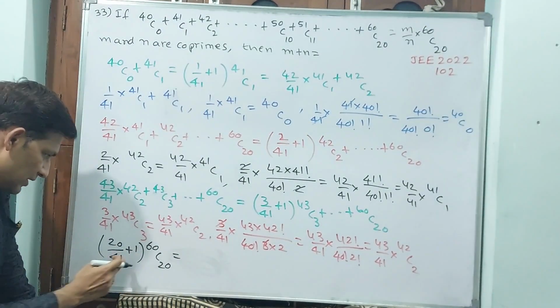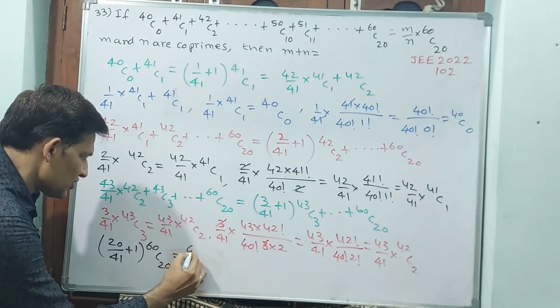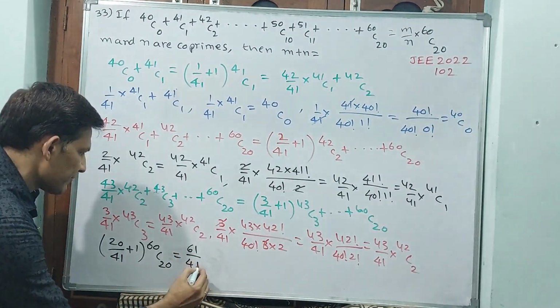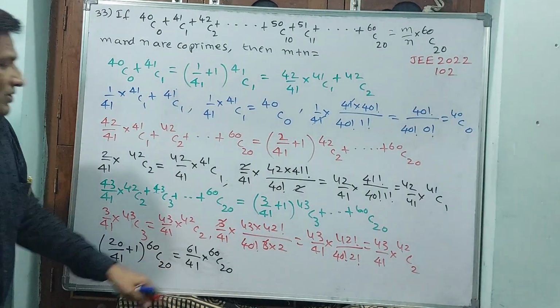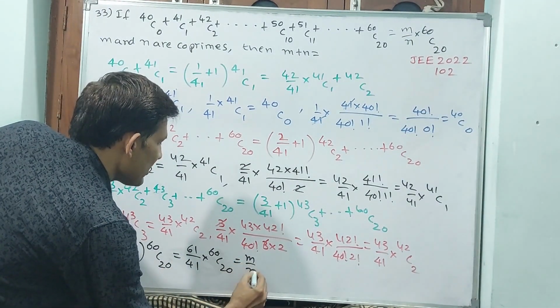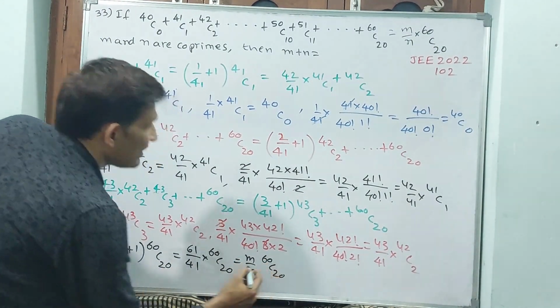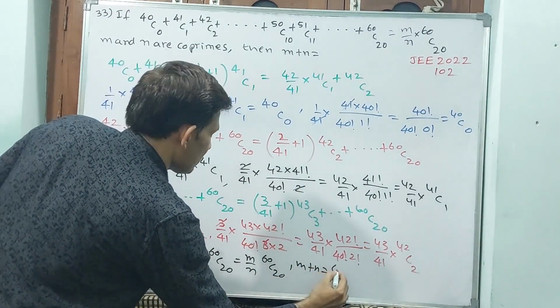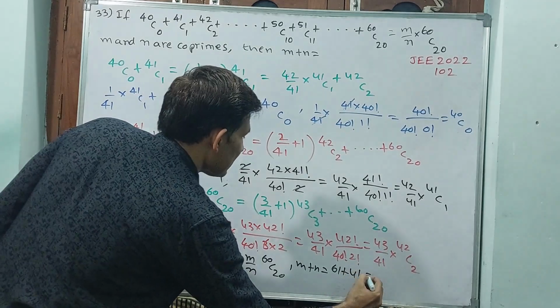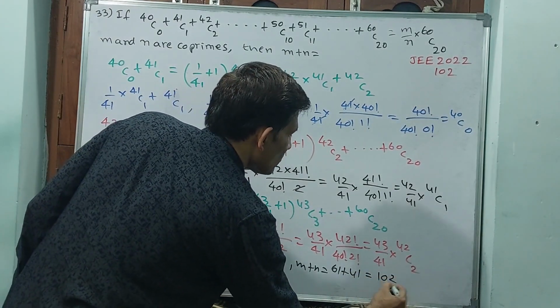See, 20 plus 41, 61 by 41 into 60C20. Now this is equal to m by n 60C20. m plus n is equal to 61 plus 41, which is equal to 102.